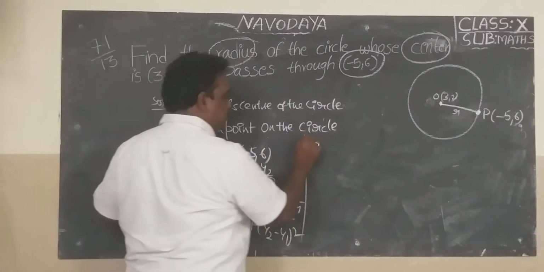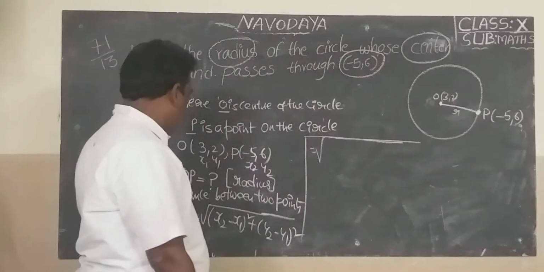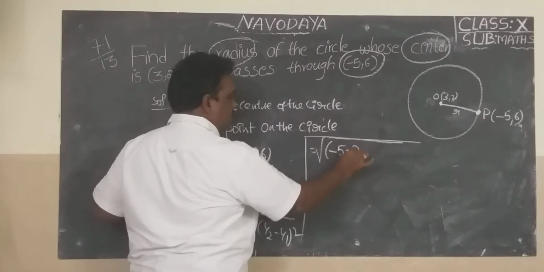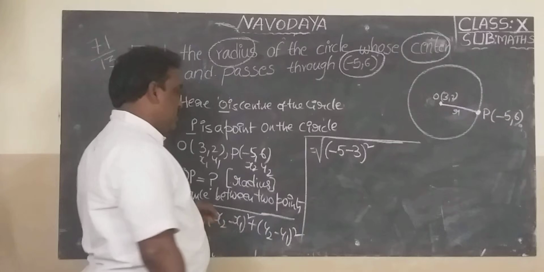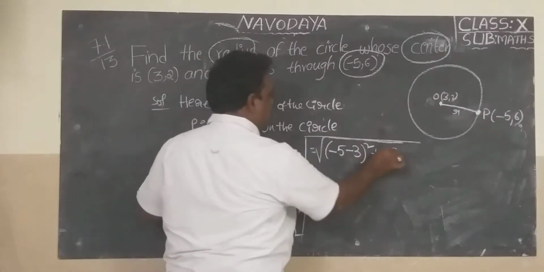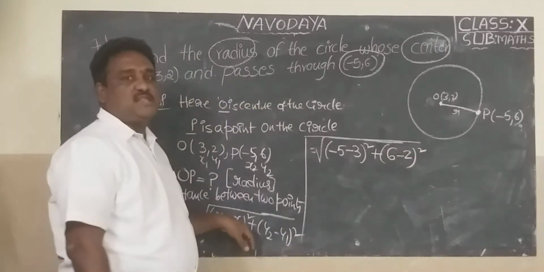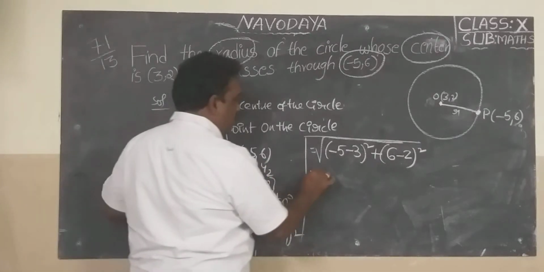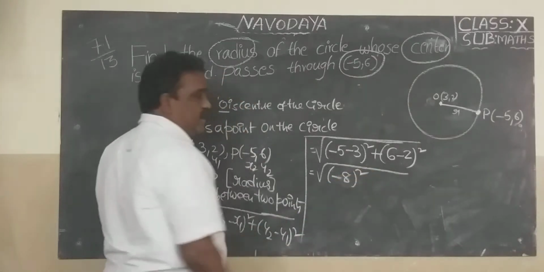Then substitute. Root of, what is x2? Minus 5. What is x1? 3, whole square. So (-5 minus 3) whole square plus, what is y2? 6. What is y1? 2, whole square. What is minus 5 minus 3? Minus 8, whole square.